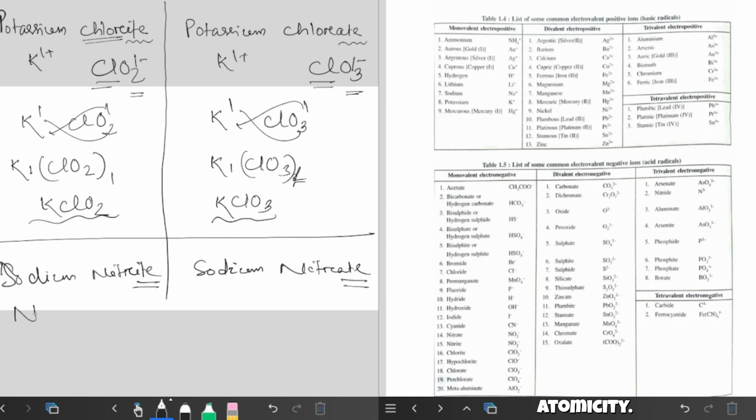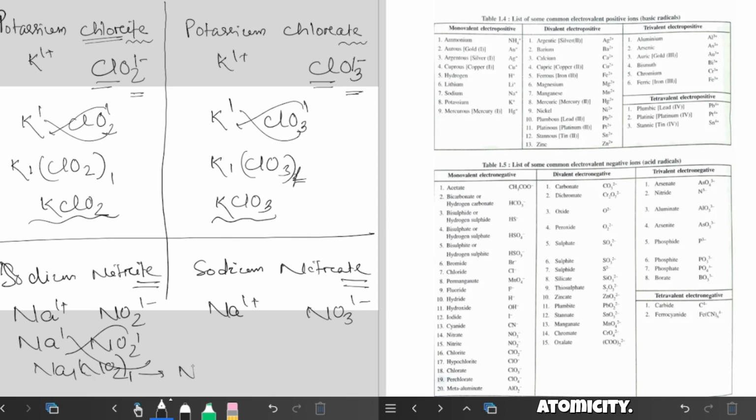So for sodium we can write Na1 plus, and for nitrite we can write NO2 1 minus. Okay, so similarly for sodium it will be Na1 plus and this will be NO3 1 minus, right? So next step will be Na1 NO2 1, and this will come here, this will go there, so it will be Na1 NO2 in bracket 1, that will be NaNO2, NaNO2.